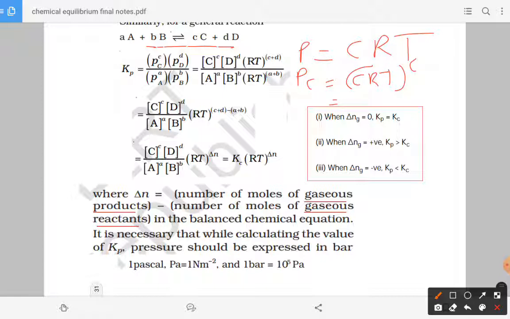Now if you simplify, C to the power c, then RT to the power c. That is our partial pressure of C.